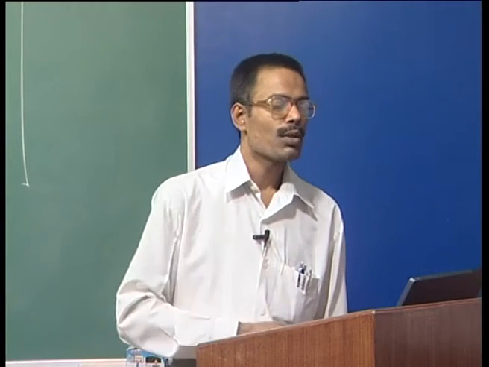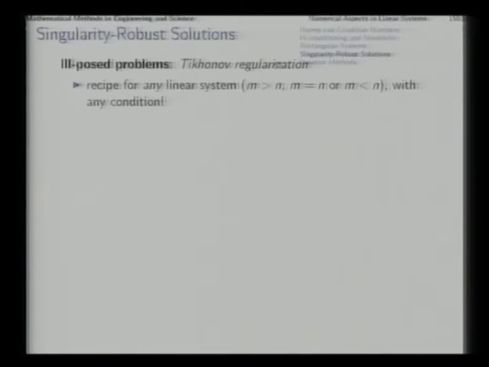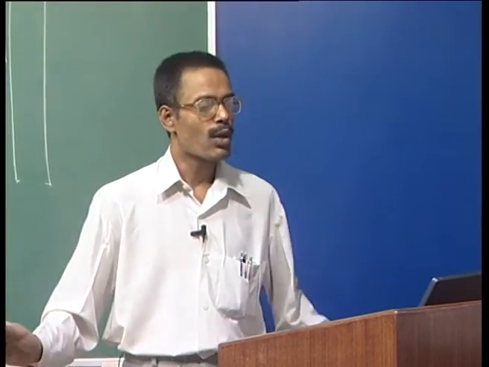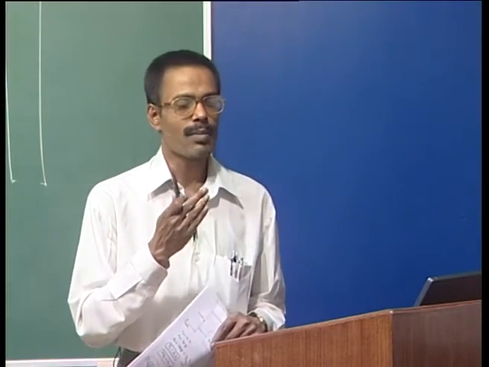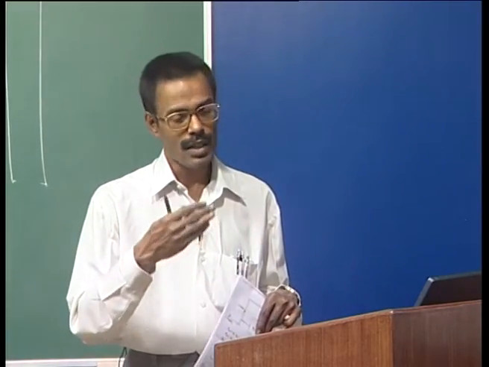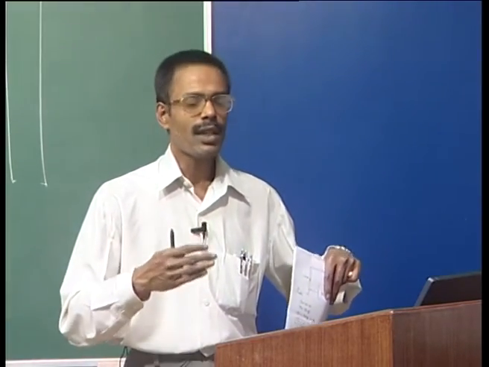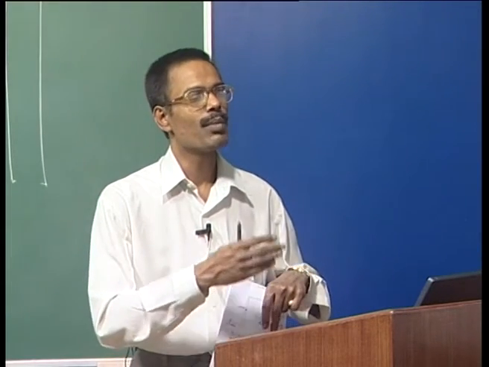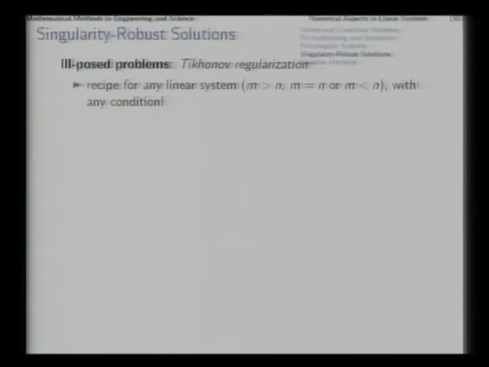The method to do that is called Tikhonov regularization, and this particular technique gives you a recipe for any linear system, m greater than n or m equal to n or m less than n, with any condition. It could be well conditioned, it could be ill conditioned, or it could be even singular. In all cases, one recipe can be useful with a little additional computational cost and with a little extra error. But how much is the error? That is in your hand.